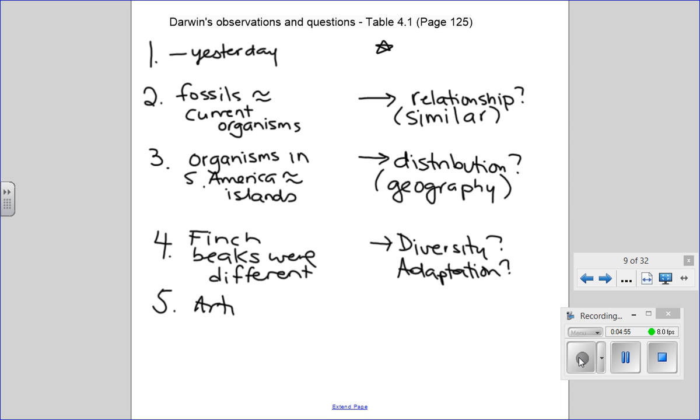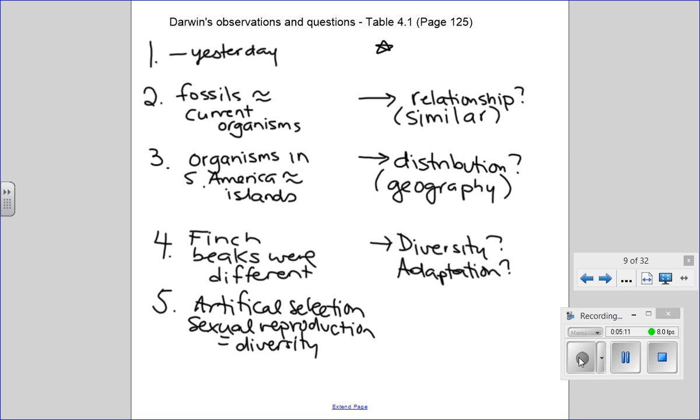And the last point was about artificial selection and sexual reproduction, and the fact that they provided diversity.